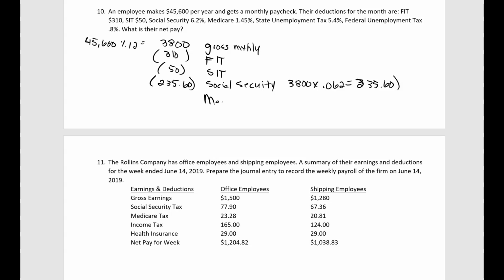And then we have Medicare is 1.45%, 3,800 times 0.0145, $55.10. This is their net pay.